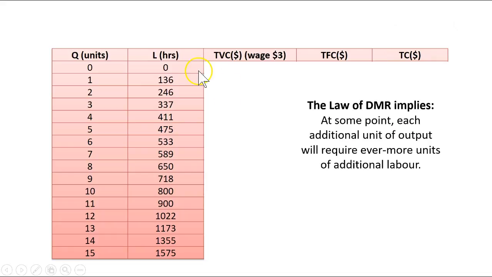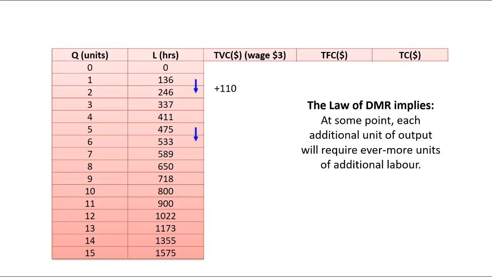We can see to go from 0 output to 1 unit of output, the firm will be required to employ 136 hours of labour. To go from the first unit to the second unit, to produce an additional unit on top of that, we're going to have to employ an additional 110 units of labour, going from 136 units to 246 units.